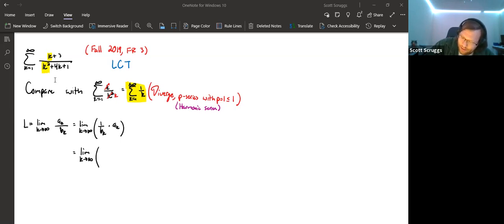Keep in mind that b of k is referring to the terms of the series I'm comparing with. So 1 over b of k, or the reciprocal, will be k. I'm writing the 1 in the denominator on purpose to illustrate the next step. Multiply by the terms of the original series.